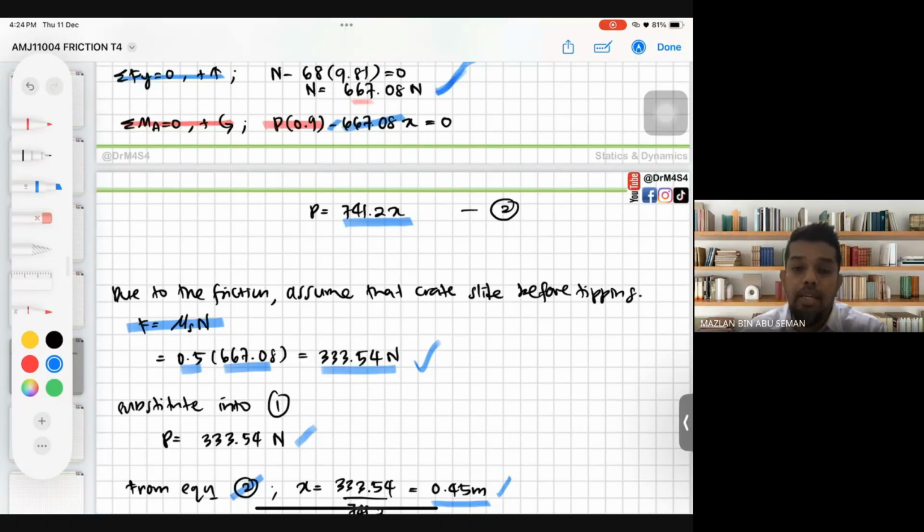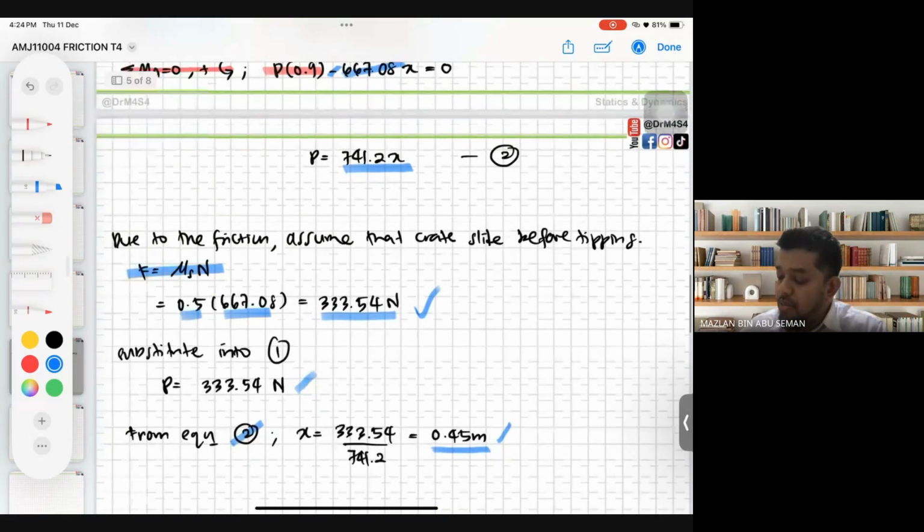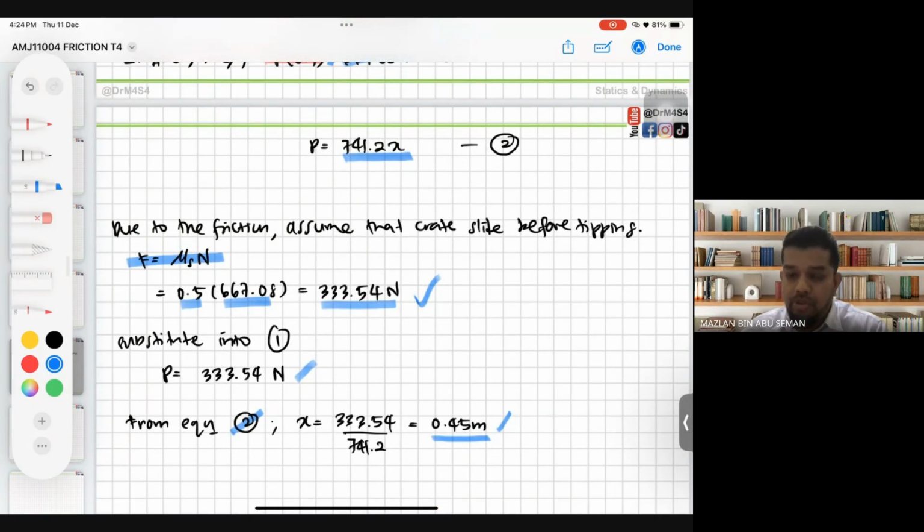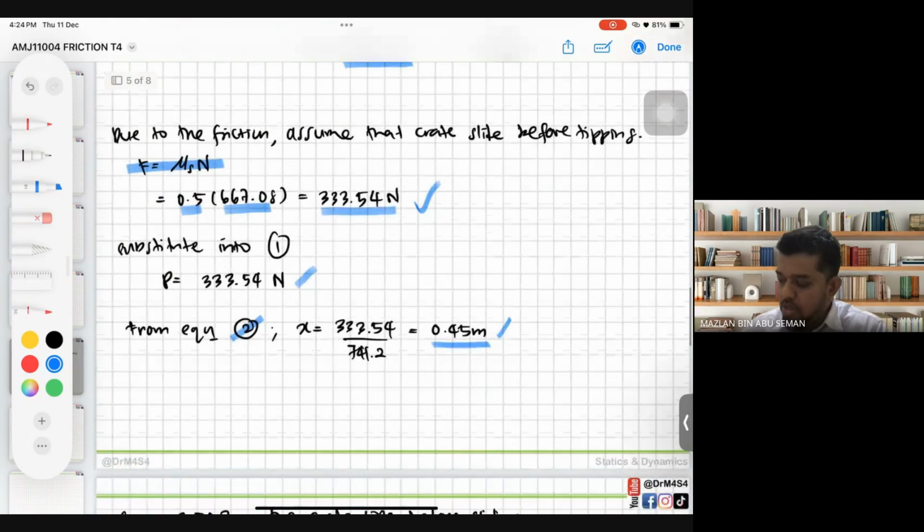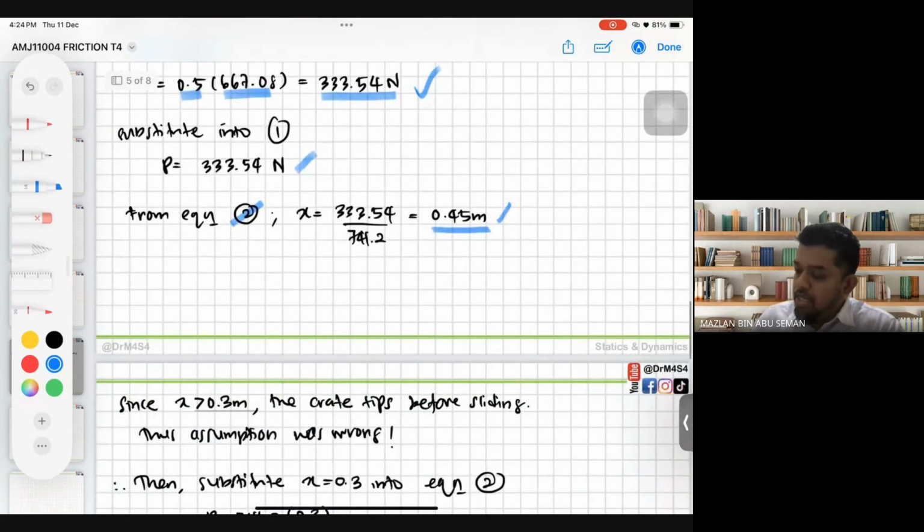But in the question, we want the box to slide, not tip over. Since its X is bigger than 0.3, the crate tips over before it slides. That means our assumption was wrong, because we want the condition that the box only slides.